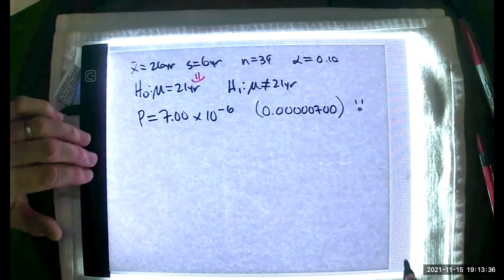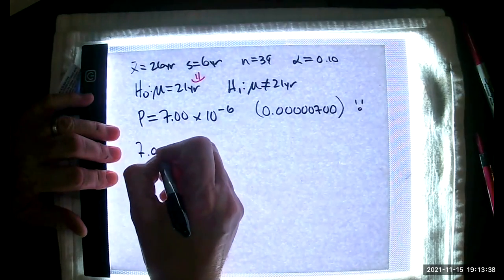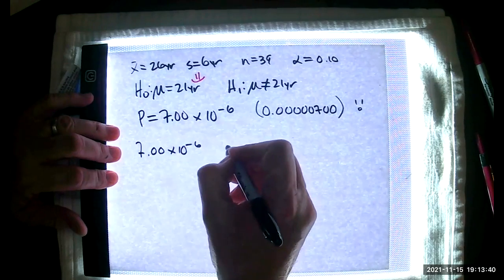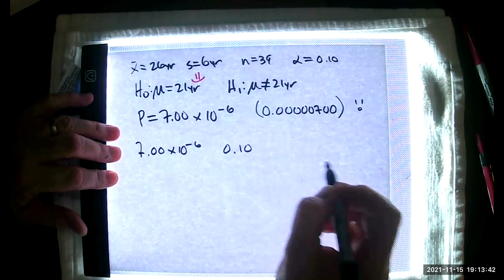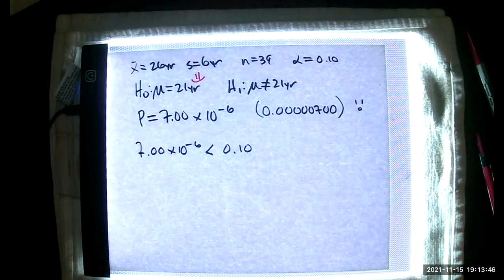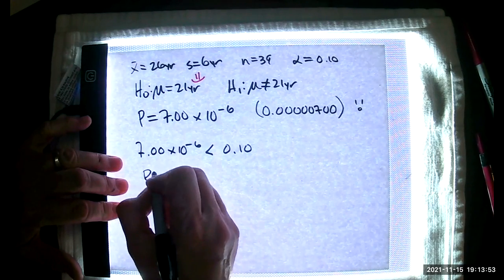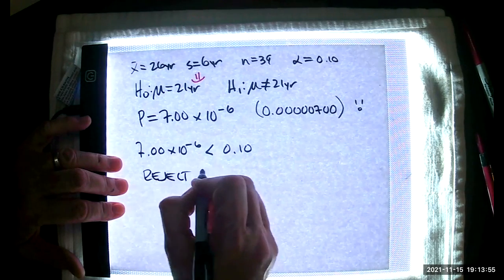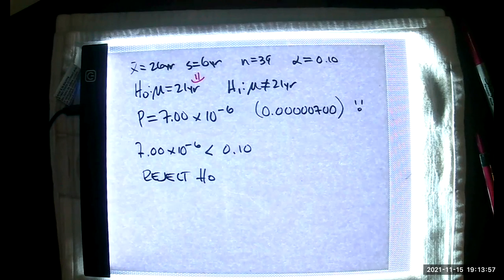Oh my God. So 7.00 times 10 to the negative 6. 0.10 is the alpha on that particular question. So my p-value is way less than the alpha. So we will reject the null hypothesis.